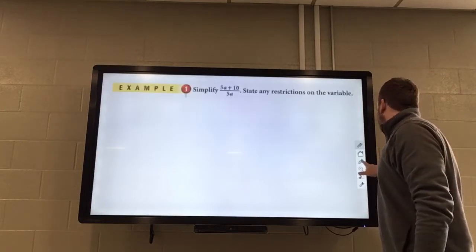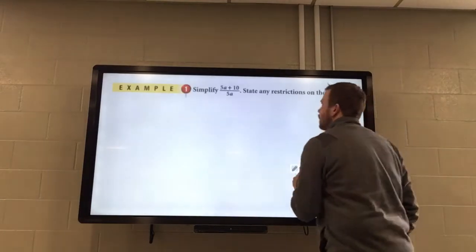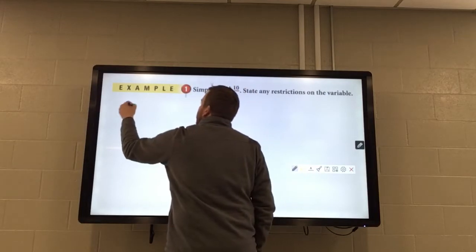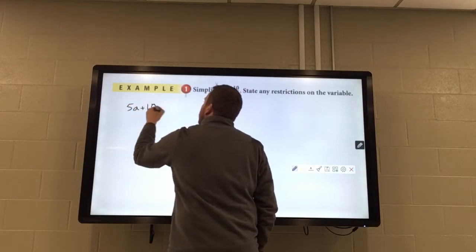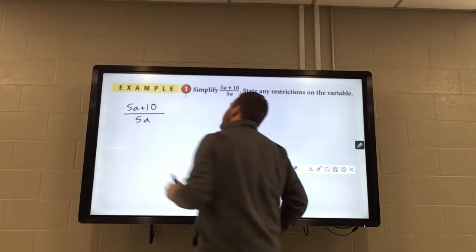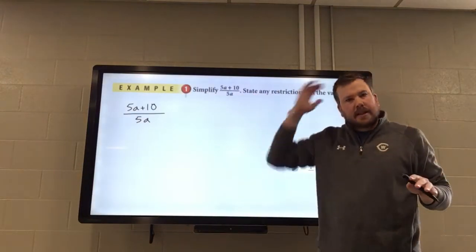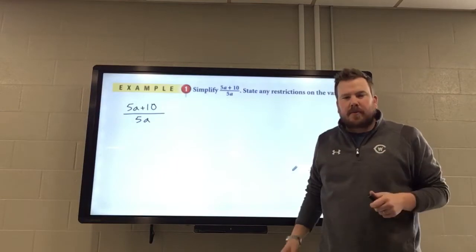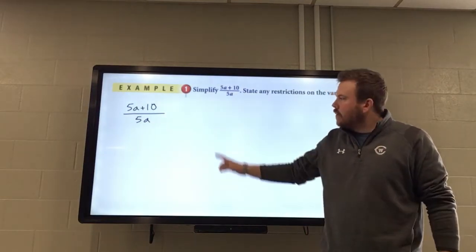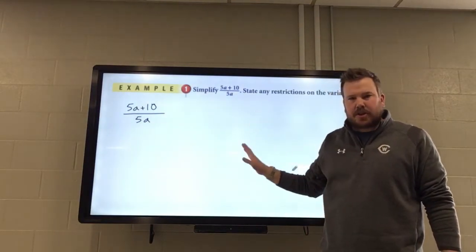Let's look at an example. So let's say we have 5a plus 10 over 5a. Now, the first thing we want to do, before we cancel anything out, is state any restrictions.